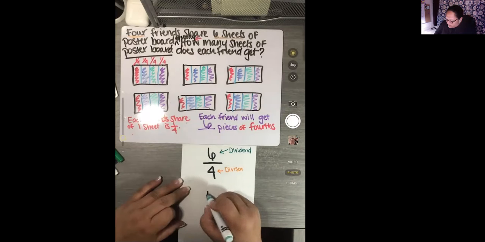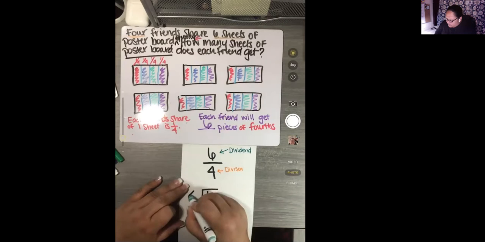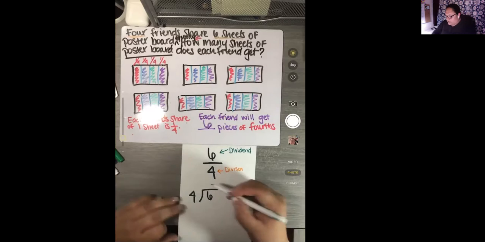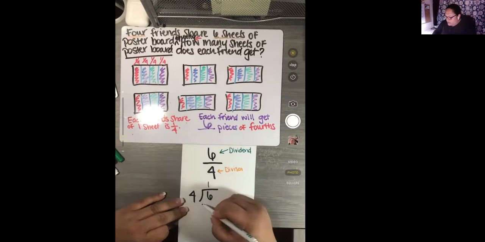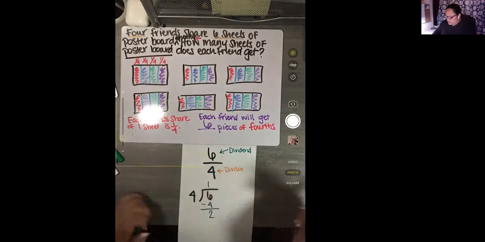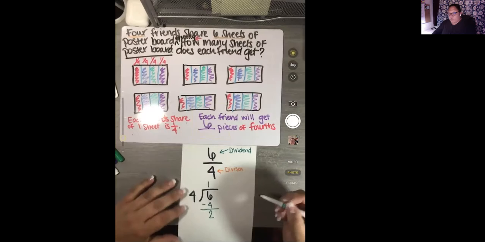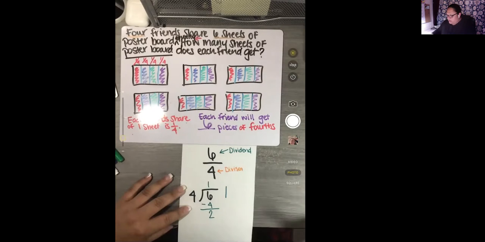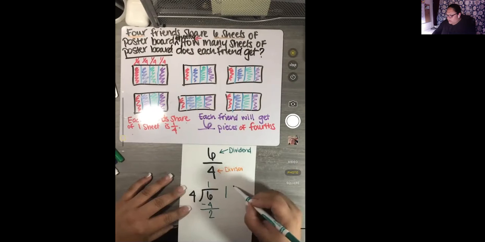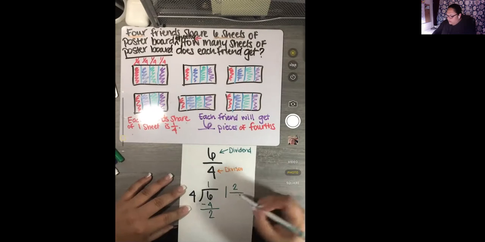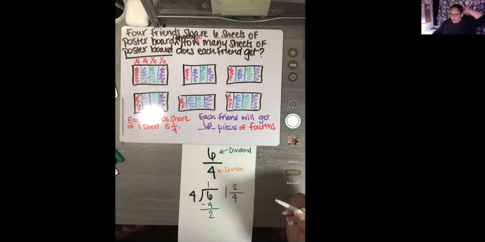So we have 6 divided by 4. 4 goes into 6 one time, and it's standard division. To turn this into a fraction, we take this whole number and we use that as our whole number. Our remainder is now our numerator, and our divisor is always on the bottom. It always stays the same.